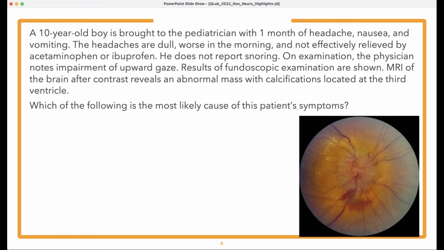On examination, the physician notes impairment of upward gaze. Results of fundoscopic examination are shown. MRI of the brain after contrast reveals an abnormal mass with calcifications located at the third ventricle. So again, which of the following is the most likely cause of this patient's symptoms?